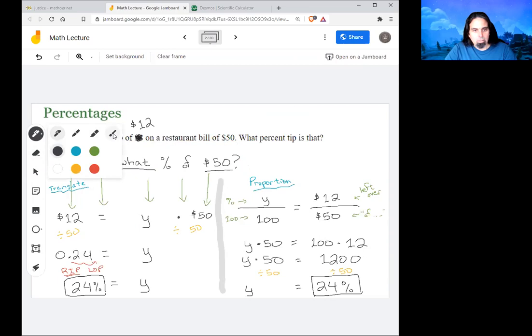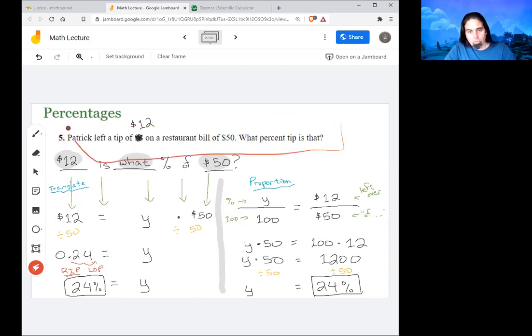And then say, the 12 goes there, the what goes there, the 50 goes there. Once you turn the English paragraph into a percent sentence, then the rest is often, no one gets that wrong unless they make a careless mistake. So this is the stumbling block there. Don't skip over that.